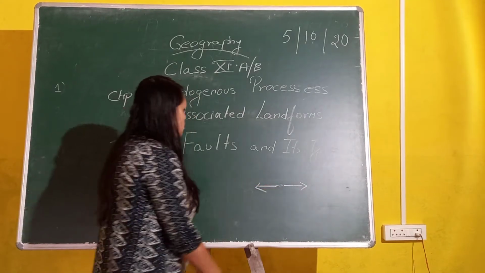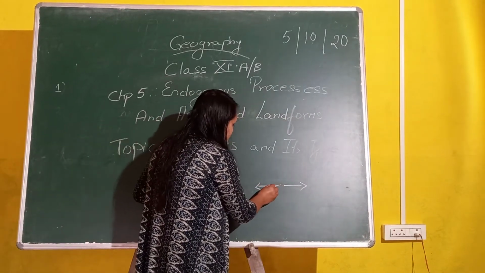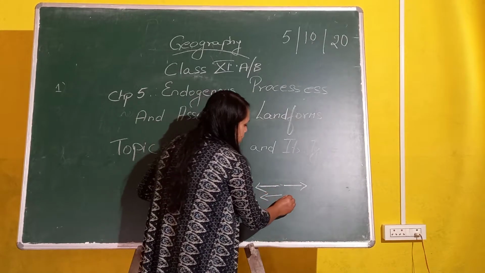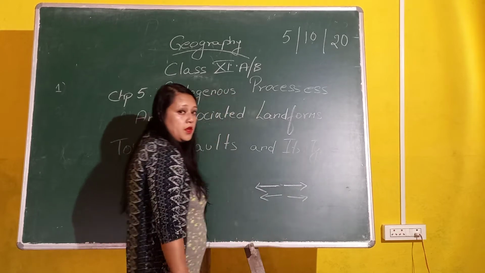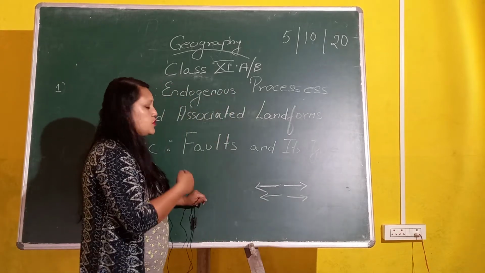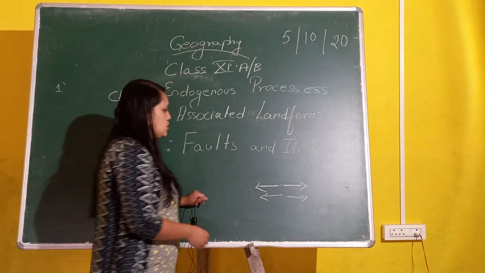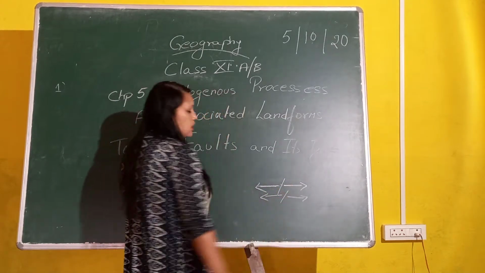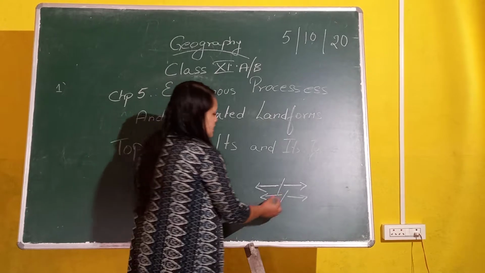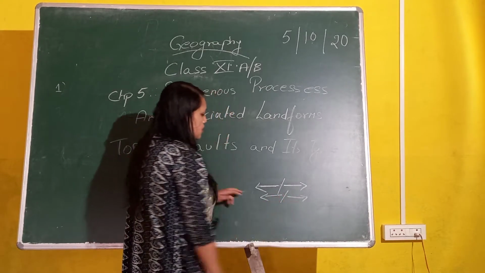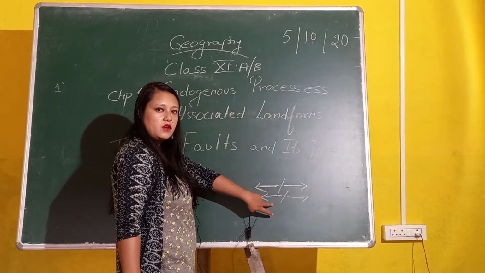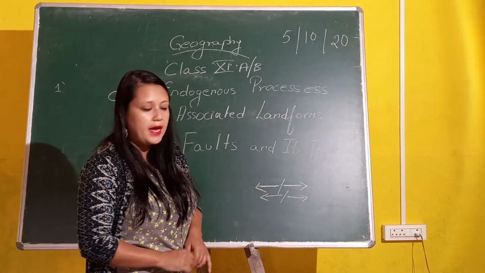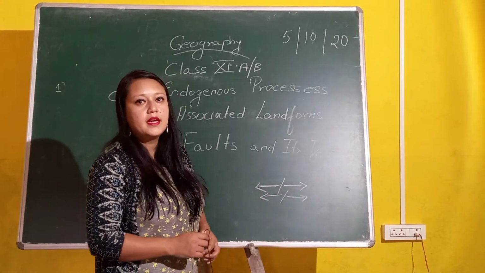When the force is acting, the land masses are moving away from each other. Because of the force moving away from each other, a crack is caused, and there is a slight separation on the surface of the crust. This is known as faulting, and faulting is caused by tension.